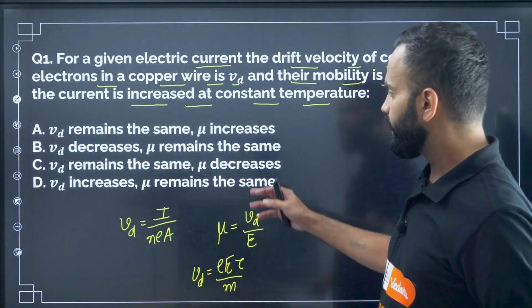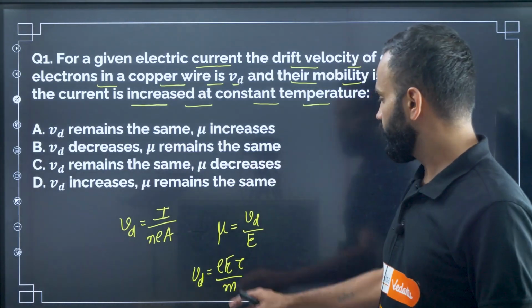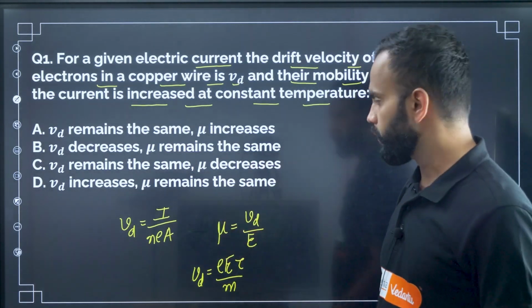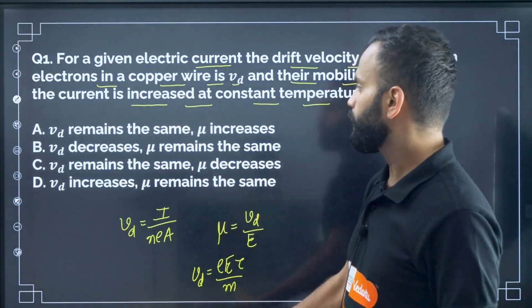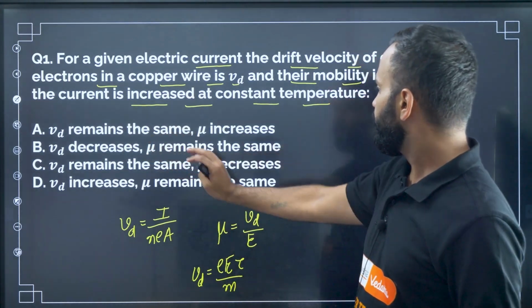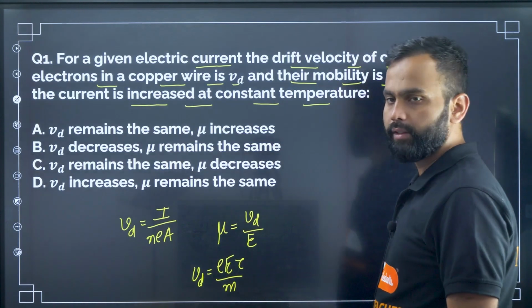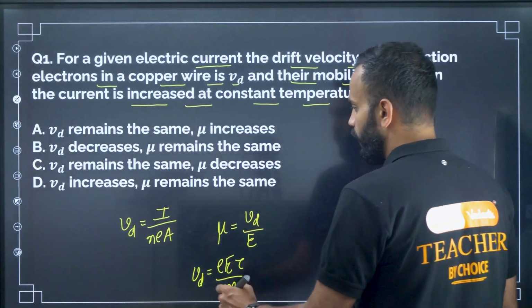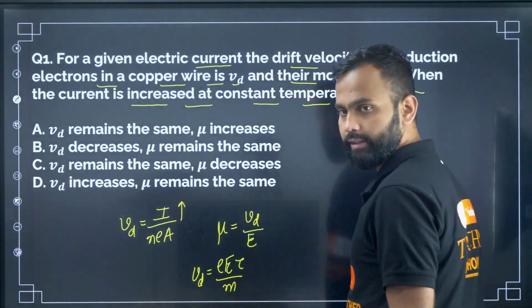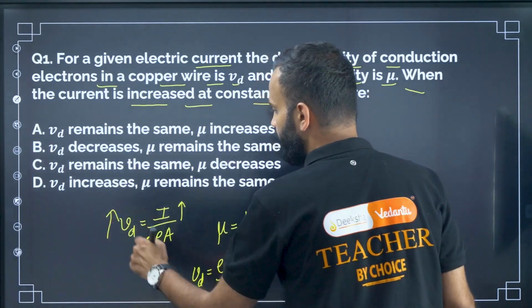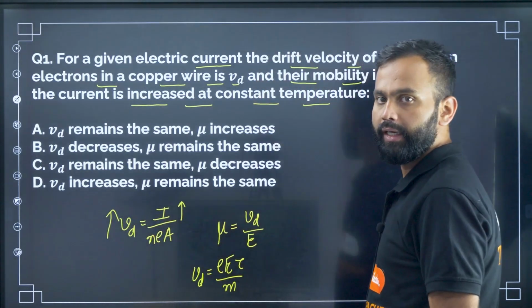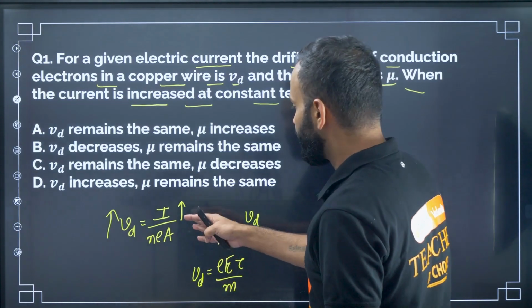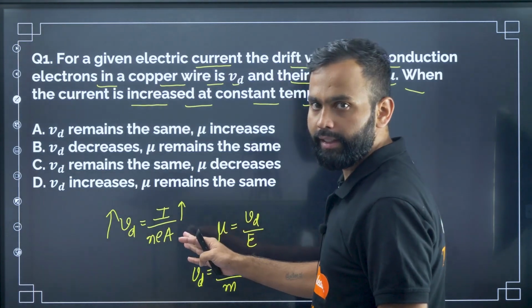Let's check each option. We just wrote down all the formulas of drift velocity and mobility. Option A: Vd remains the same, mu increases. As the value of current increases, Vd, the drift velocity, will also increase.